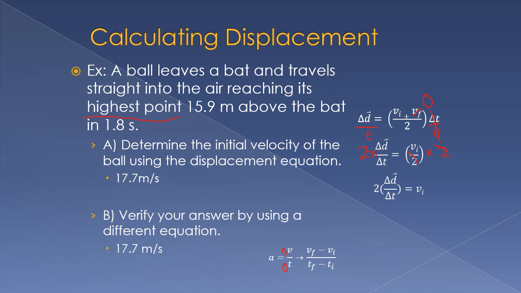Well, actually plug it in. My velocity final, 0. Okay, I can rearrange this one. My time final and time initial, well, my time was 1.8 there. And so now my acceleration, which I know as negative 9.81, try to rearrange and see if you can verify your answer.